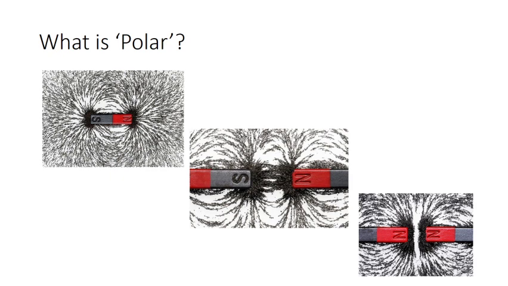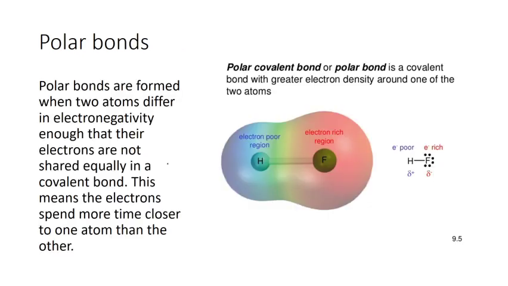And so when we say polar, what I'm really talking about is a division of charge. There's a division of charge on these magnets. One has a north and one has a south, or one has positive, one has negative. And that's going to be the same with polar bonds.